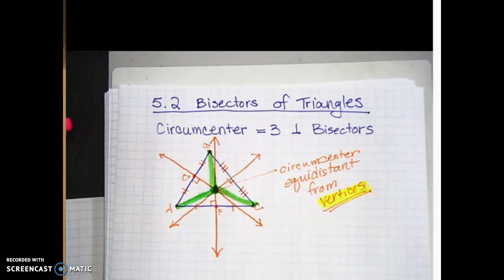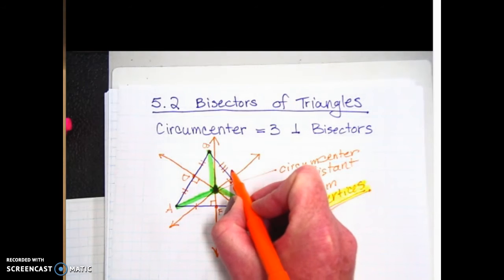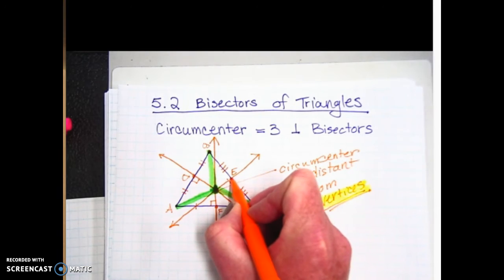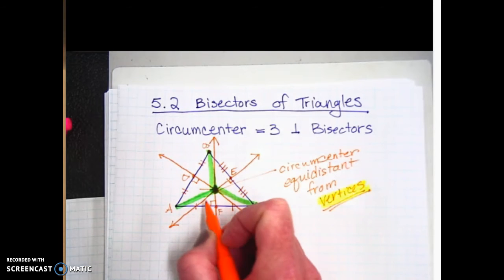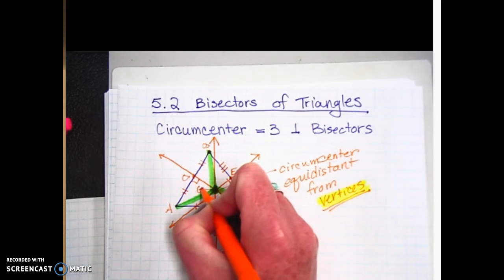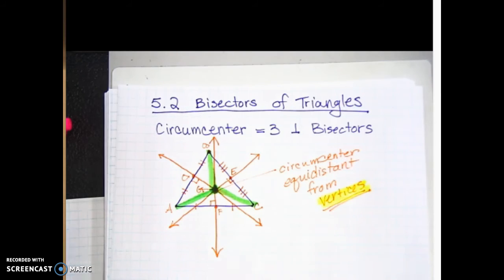All right, and this point right here, that circumcenter, we haven't labeled this one either. This one is E as an elephant, and this one in the center is G as in gross one. Okay?